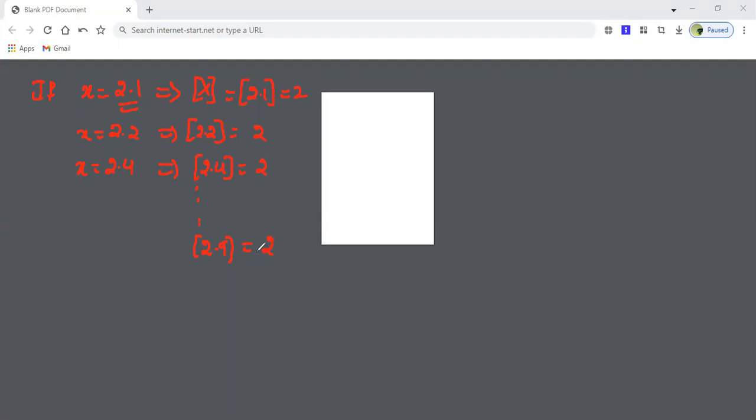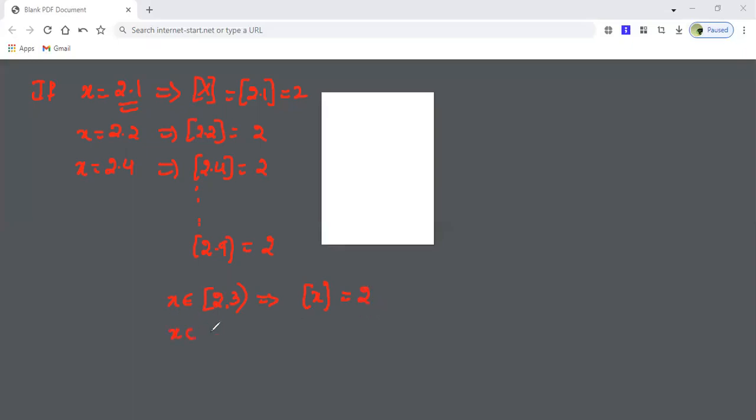So what does it indicate? It indicates that if x belongs to the semi-open interval 2, comma 3, where 2 is included but not 3, then the greatest integer of x, where x belongs to this interval, will be equal to 2.